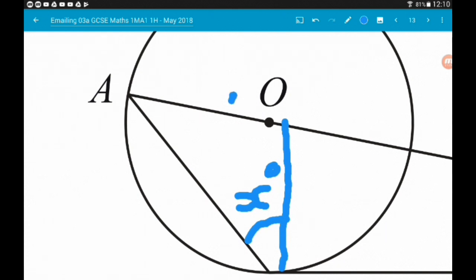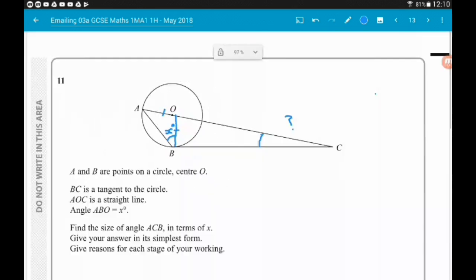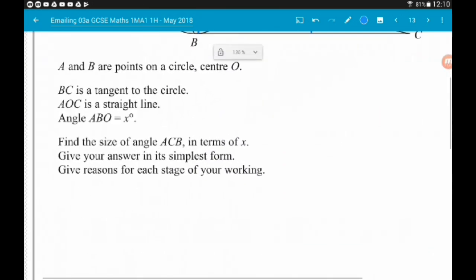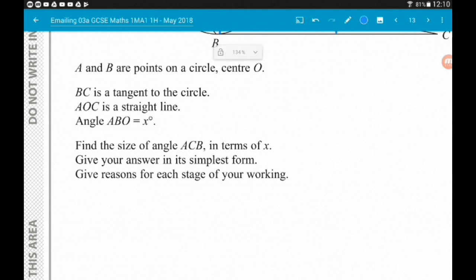So we know this angle, that side length and this side length are equal. So what we can say here is AOB is isosceles.